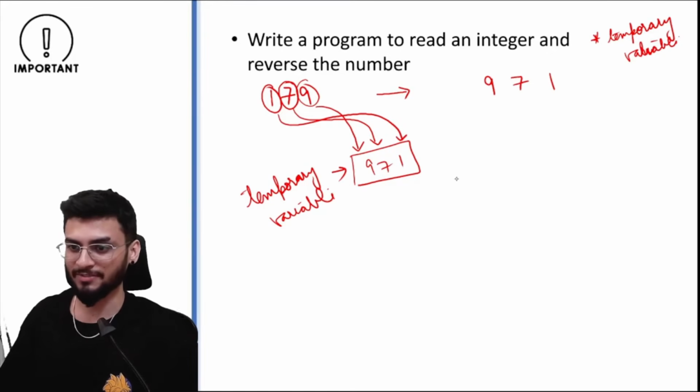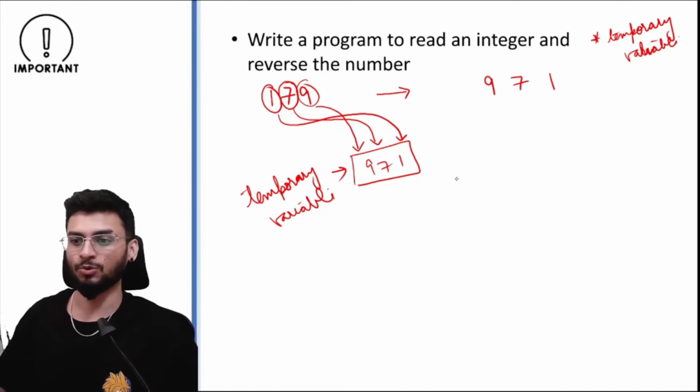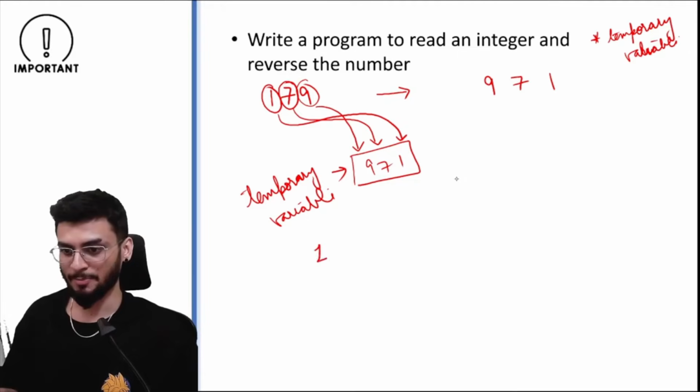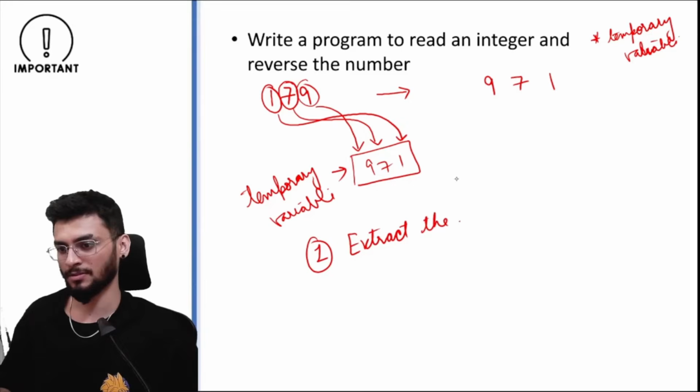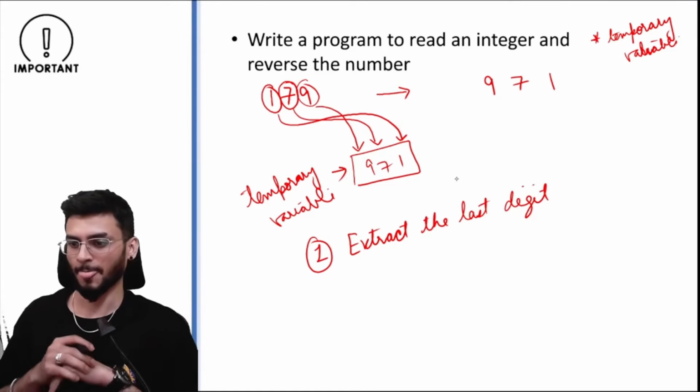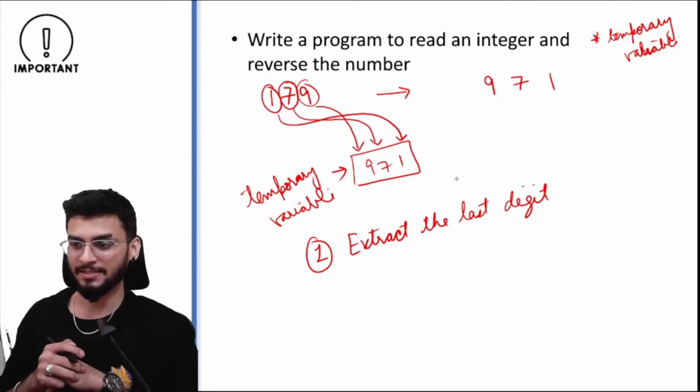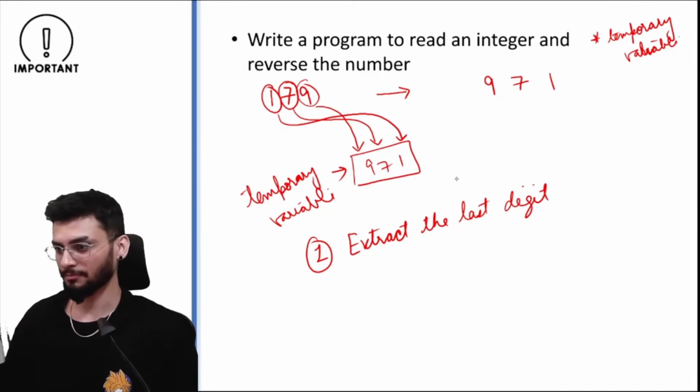But how is this reversal possible? So there are two steps here. Step 1 is extract the last digit. Okay, so how do we extract the last digit? Let me give an example.